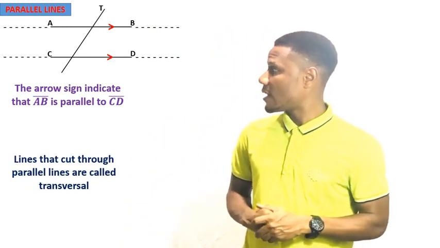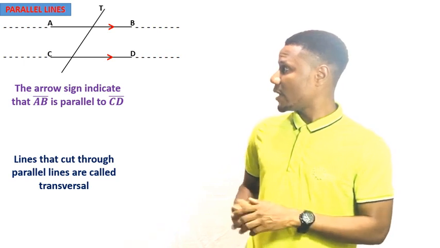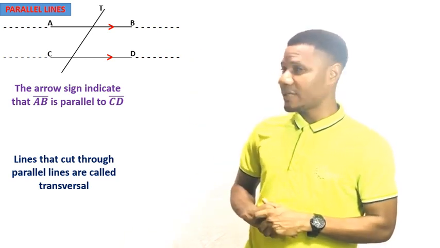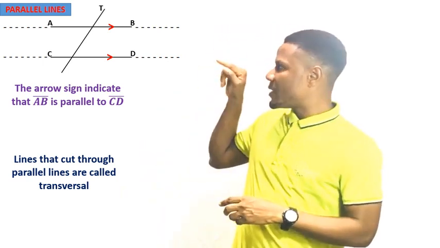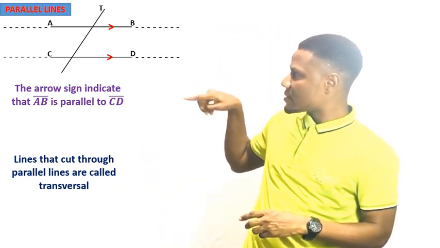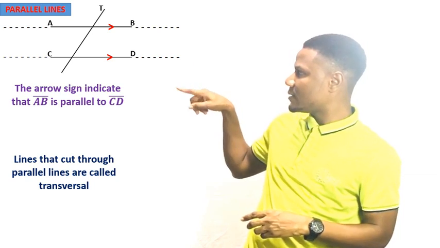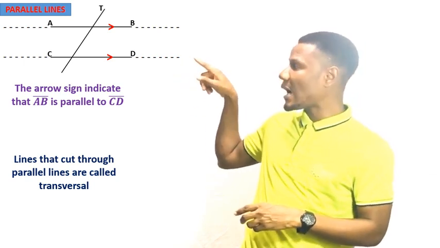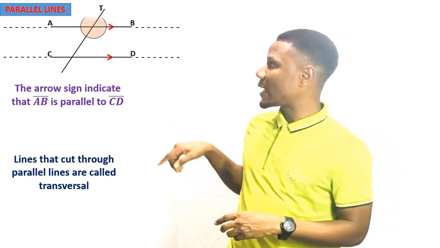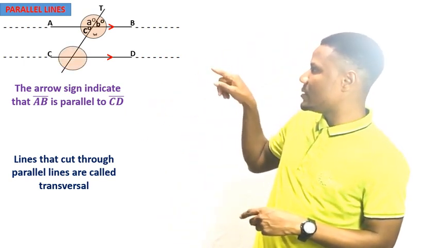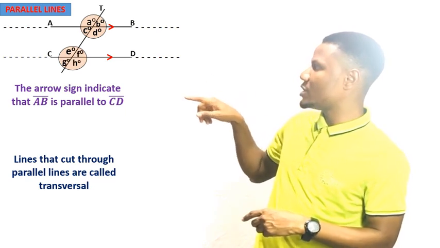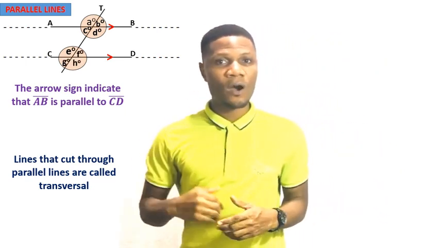Like the one that we have showing right here, you can see it cutting through line AB and line CD. That is a transversal. Between the point of intersection of AB and CD with the transversal, angles can be formed. So we can have angle A, angle B, angle C and D. We can have E, F, G, and H formed on the what?